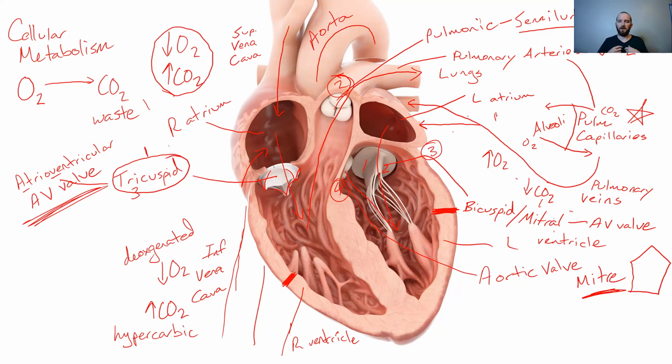So it doesn't require that much force, so that muscle doesn't get bigger and bigger. That left ventricle, though, has to pump to get blood everywhere throughout the entire body. So that side of the heart has to work a lot harder, so that muscle is usually bigger when we actually look at it. And then the aorta is going to branch and take that blood everywhere throughout the body until eventually it circles around and comes back to the right atrium, and the process repeats itself.